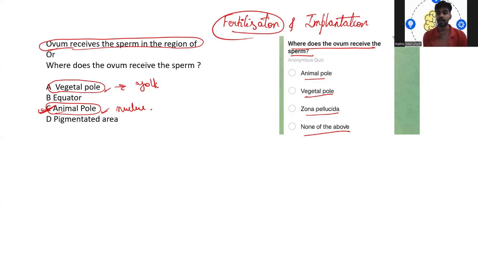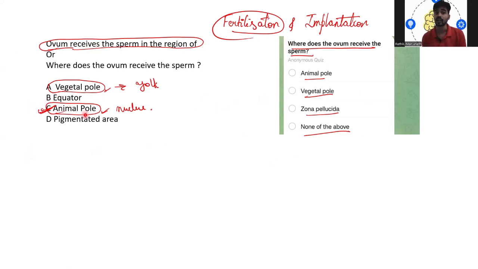As with the previous option, what you got to know is that Rithik sir has explained it correctly: animal pole is the exact answer. But what happens if the options are like this, and we need to understand the question every time? Where exactly is the ovum going to receive the sperm, from which region?